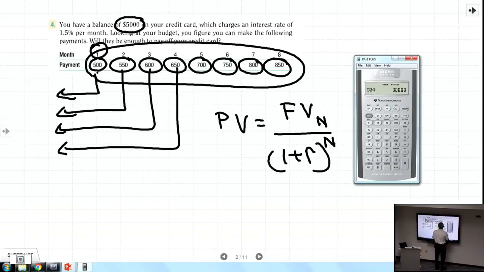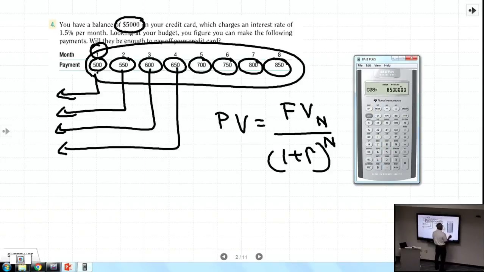Enter. C04, 650. Enter. C05, 700. Enter. C06, 750, enter. C07, 800, enter. And C08, 850, enter.